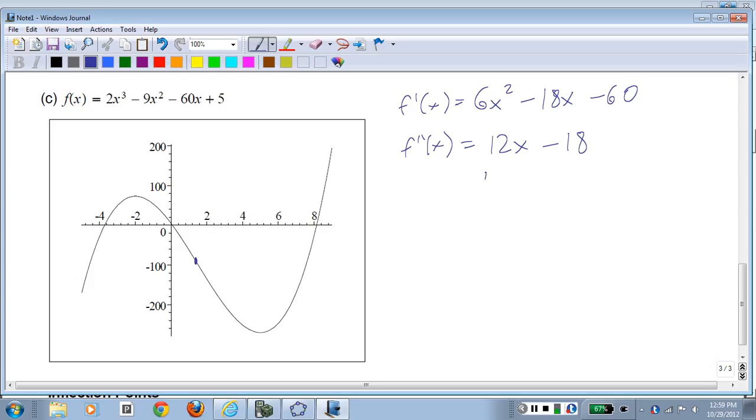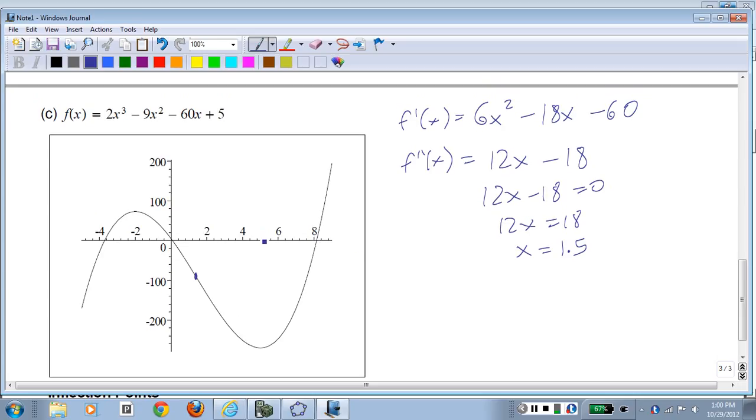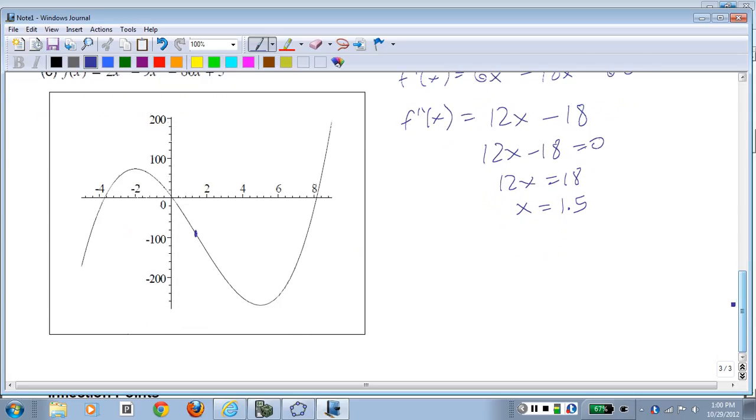So set 12x minus 18 equal to 0. 12x equals 18, x equals 18 twelfths, which is 1.5. I wonder if that's the halfway point between -2 and 5. It is, okay. So 1.5 is going to work for us.